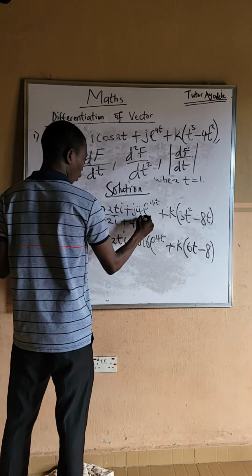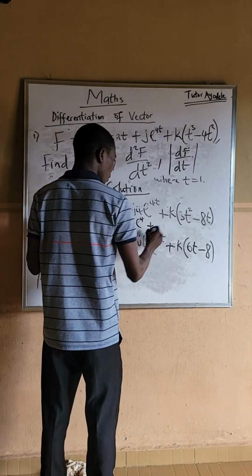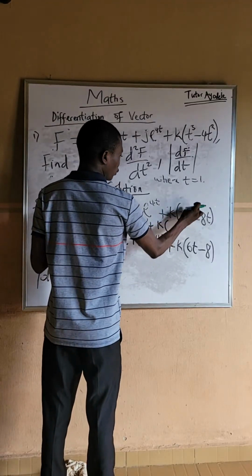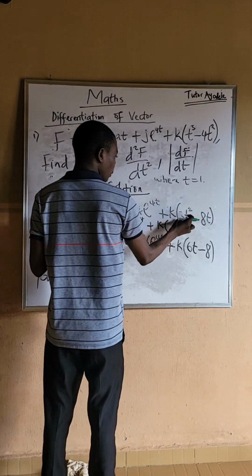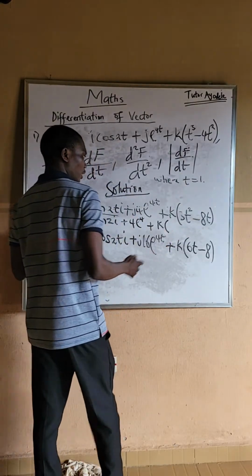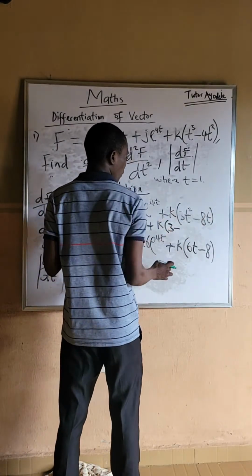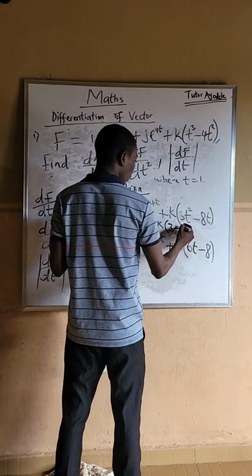It will give me 4. Okay. Plus k into bracket, t raised to the power of 2. You know our t is 1. 1 raised to the power of 2 will be 1. 1 times 3 will give me 3. 3 minus 8 times 1, because t is 1. So that will be 8.